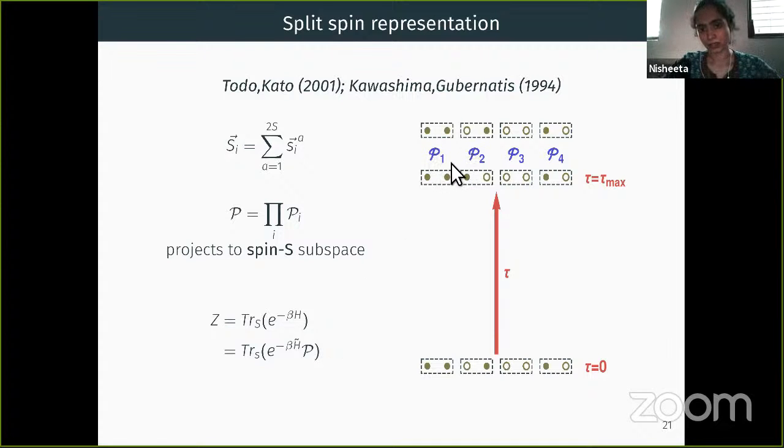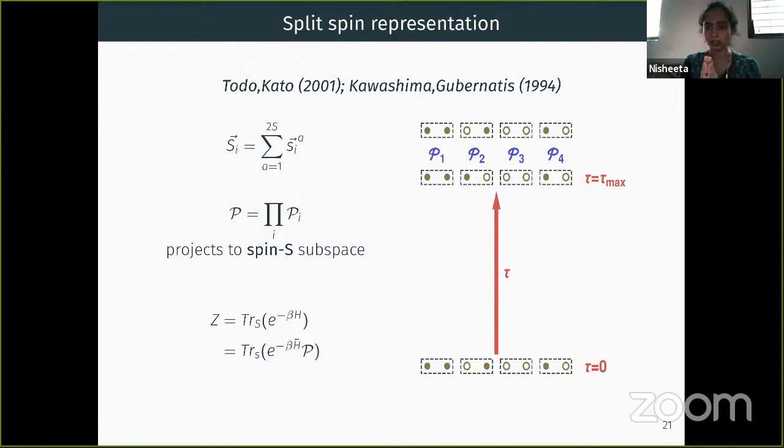So now the projection operator acts as a modified boundary condition. You can see that if each of these rectangular blocks is one spin one site, it has two spin halves. As you propagate in the imaginary time direction, the full circles are up spins, and the up spins go to up spins. If you have a down up, it may go to an up down, or it may go back to itself with equal probability.